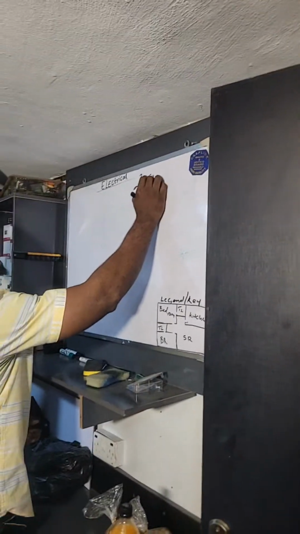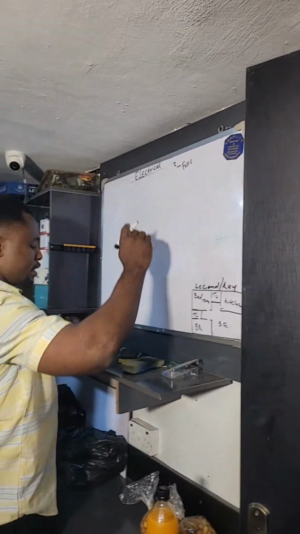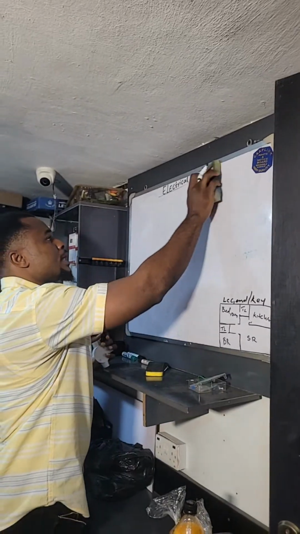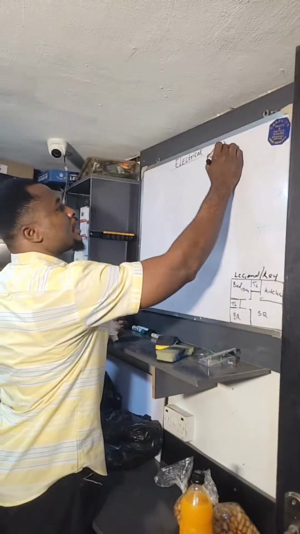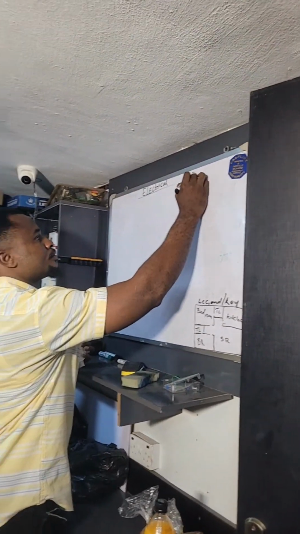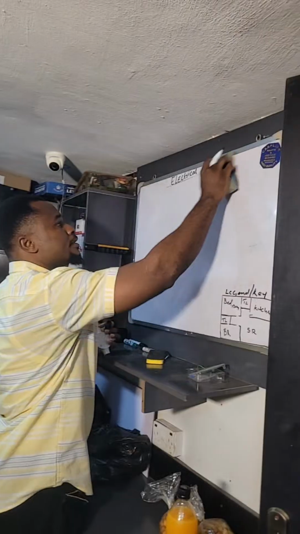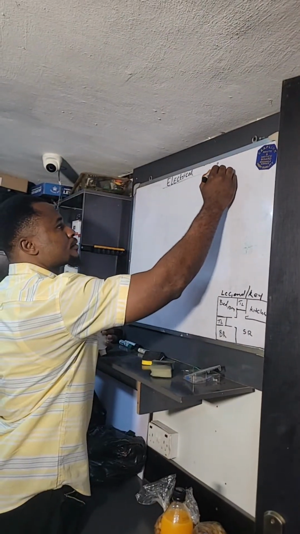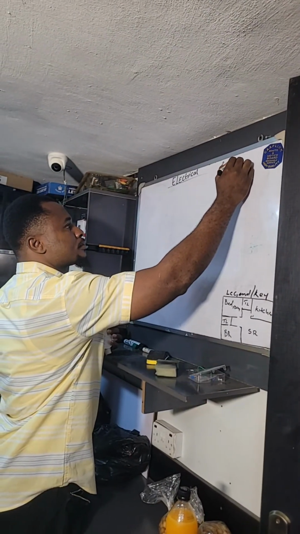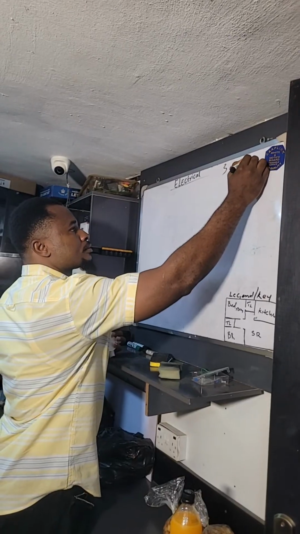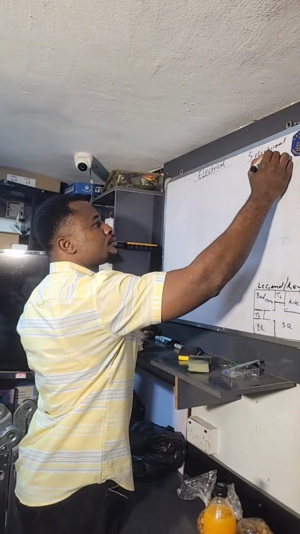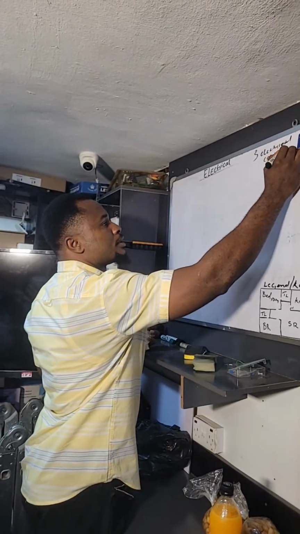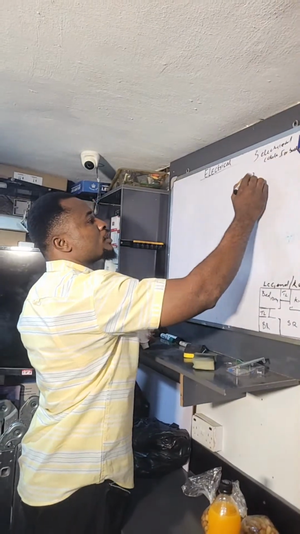We'll have three types of electrical cable line for a building. Am I communicating?